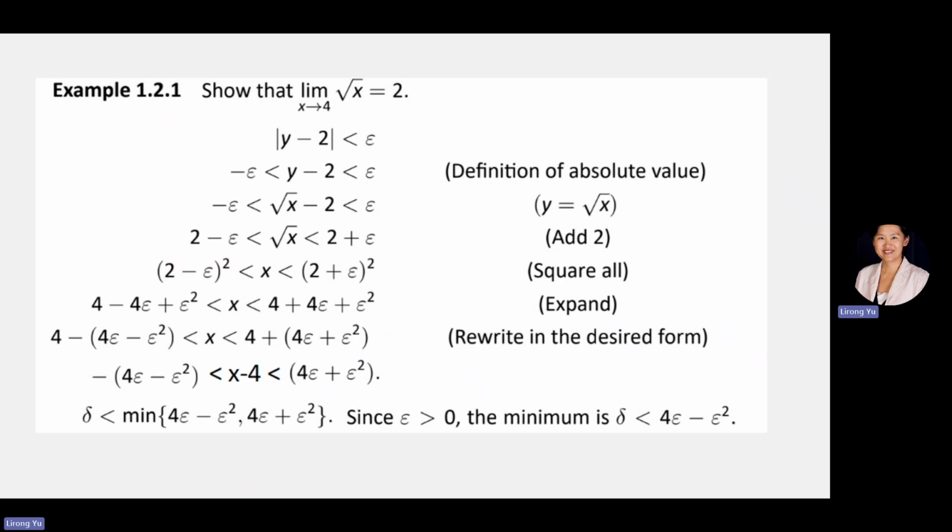So now we get here. Our ultimate goal is, from these two distances, to find the distance between x and 4. So first you have to find x, and then you find x minus 4. So we'll square all three: square this, square this, square this. Now we know the boundary for x. So we start with the boundary for y, and then slowly move on to get the boundary of x.